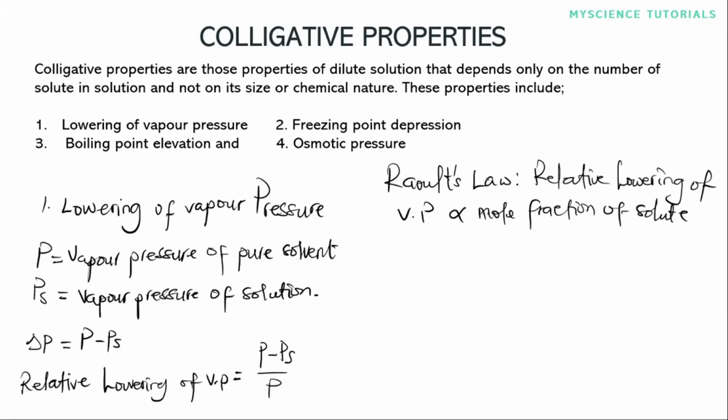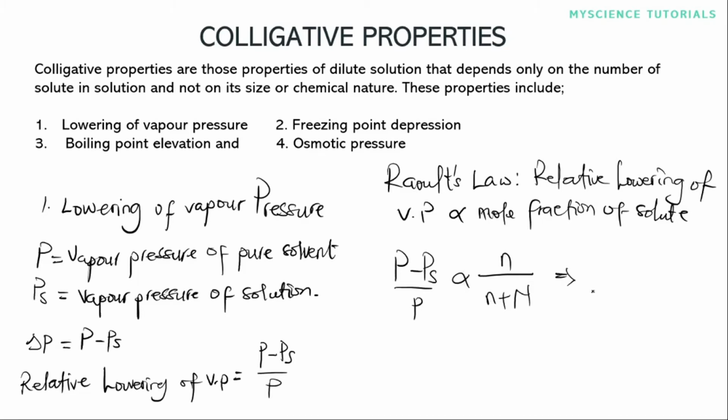Which means we know our relative lowering of vapor pressure is P minus PS over P, to be proportional to the mole fraction of the solute. The mole fraction of the solute is the mole of the solute divided by the sum of the mole of the solute plus that of the solvent. Now if we remove the proportionality sign, we introduce an equal to sign and then a constant.